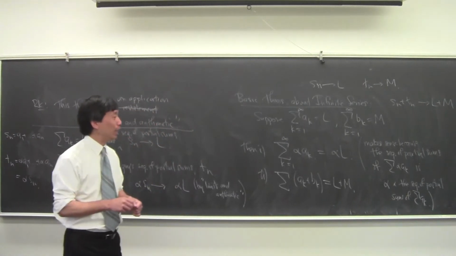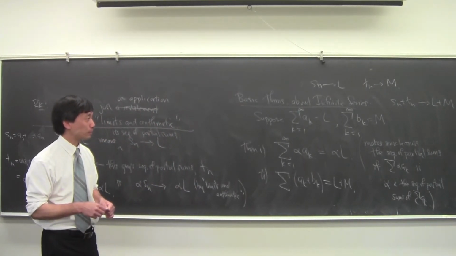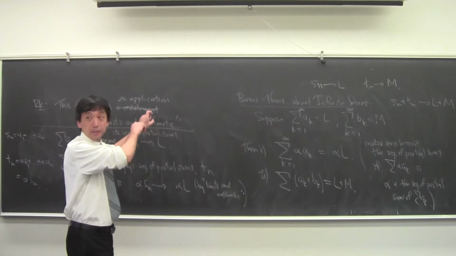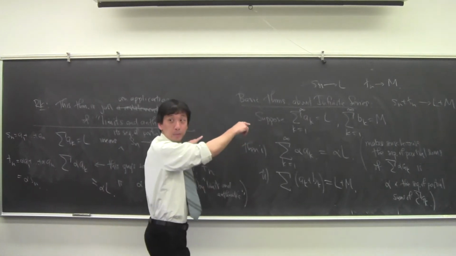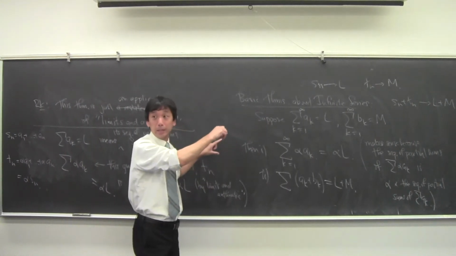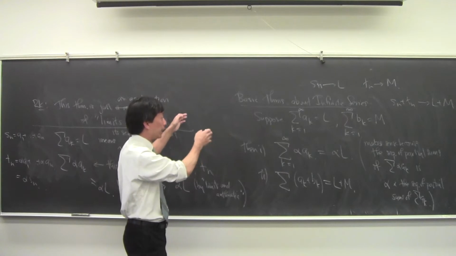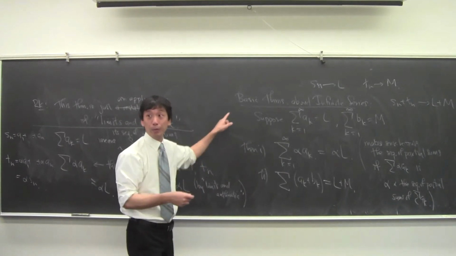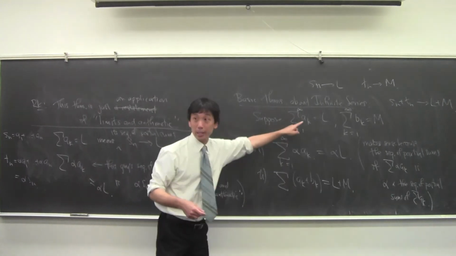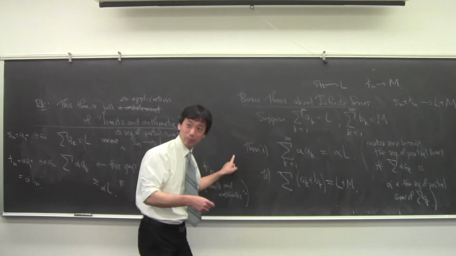Because we did cancellation. We said we're going to take this guy and cancel this guy. That cancellation basically is saying that we're rearranging terms. We're not taking them in the right order. We're taking this term and then skipping ahead to another term and adding that one, then skipping back to this guy.